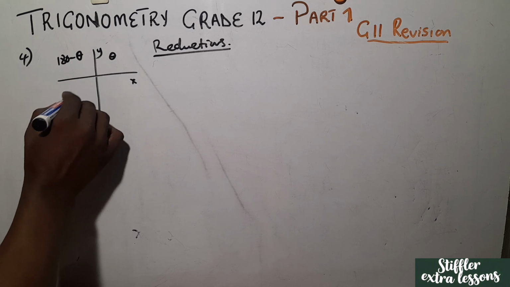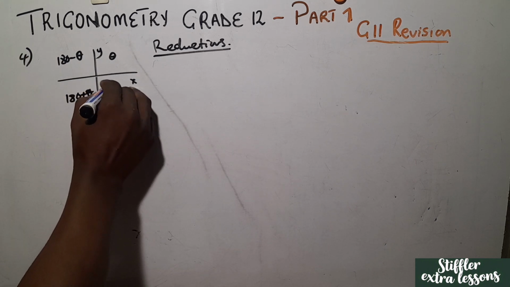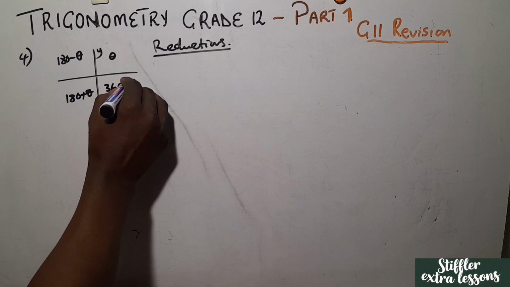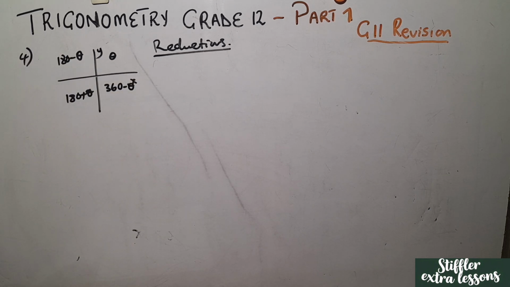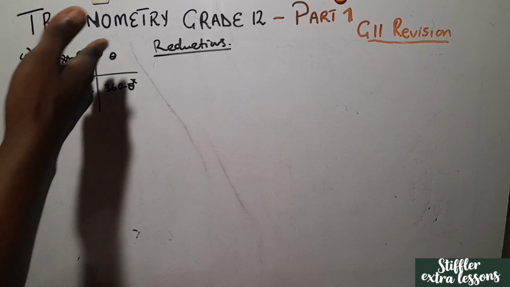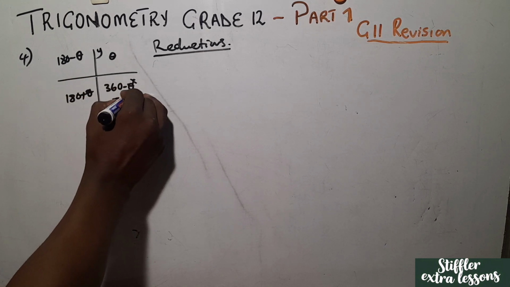In this quadrant 180 plus theta. If you don't know this, please revisit this, and you can also check our playlist. We also have this work on grade 11 work. So this is how it is. I didn't write the 90 plus, 90 minus, 270 plus. I'm avoiding them because they are called the co-ratios.